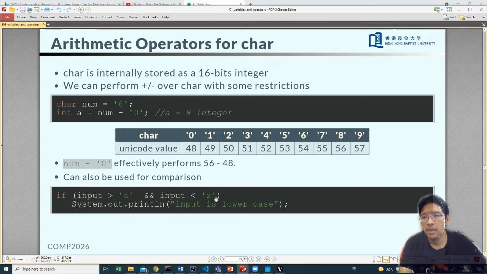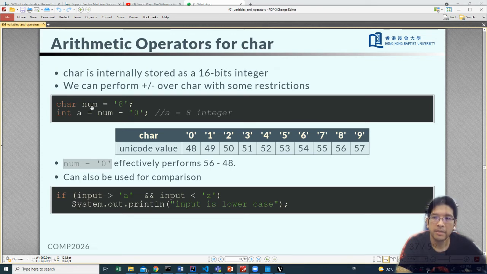Next we want to talk about the arithmetic operators for char. Char is stored using Unicode internally, which is also a number. We can perform plus or minus over characters with some restrictions. For instance, if you have a character num here, and we calculate int a equals num minus '0', what would that mean?